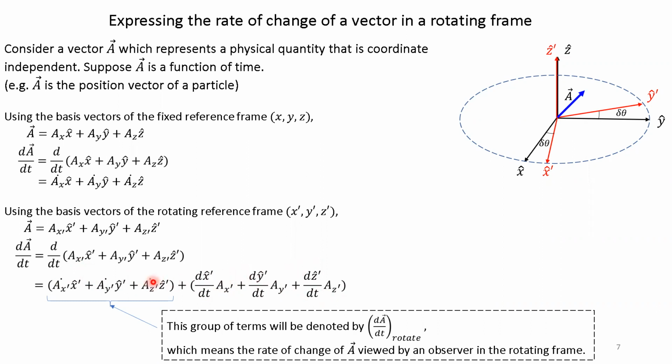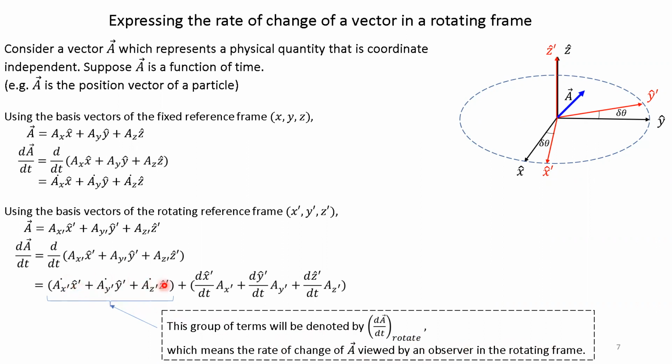This first group I will denote by dA/dt with the subscript rotate. It means this is the rate of change of the A vector viewed by an observer in the rotating frame.